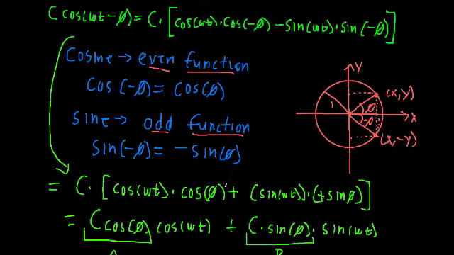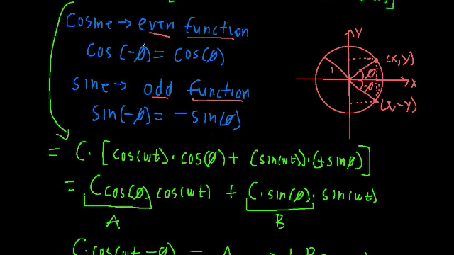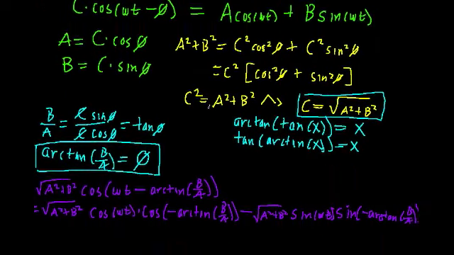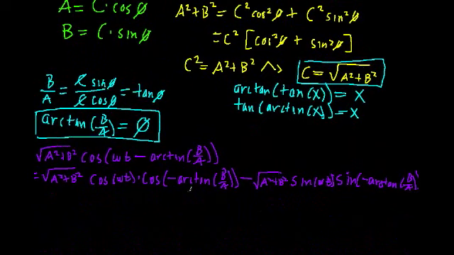Let's simplify by using our properties of even and odd functions to get rid of some of these minus signs. We know that cosine of a negative angle is equal to the cosine of the positive angle. Keep in mind that this whole arctan function is phi. So cosine of negative phi is equal to cosine phi. So let's just make this positive to make it all nice and neat.